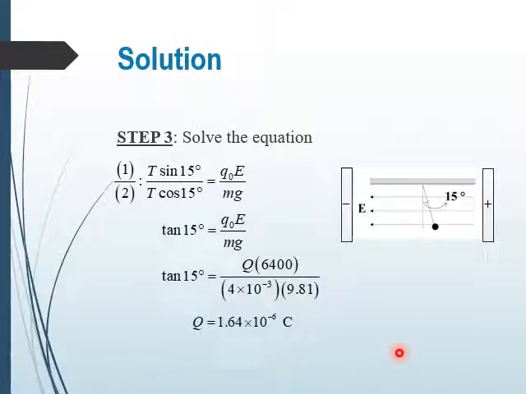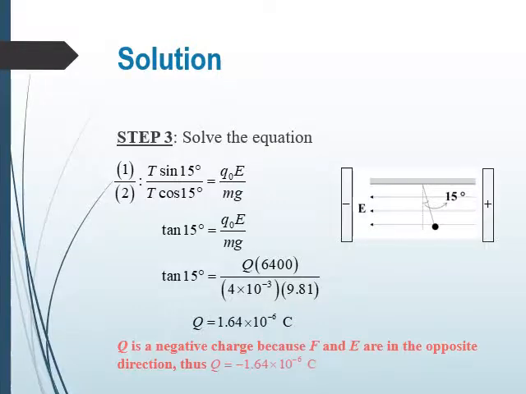Other than that, you can also determine it by using the method. Q is a negative charge because the vectors F and E are in the opposite direction. So we can also conclude that Q is a negative charge, and therefore we are going to write it as Q equals to negative 1.64 times 10 to the power of negative 6 Coulomb.